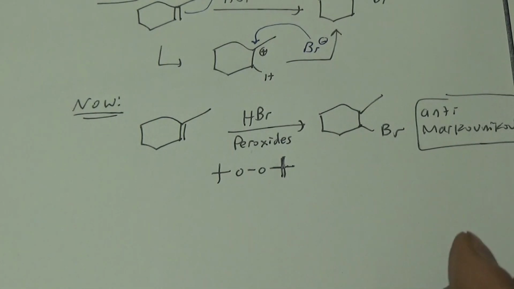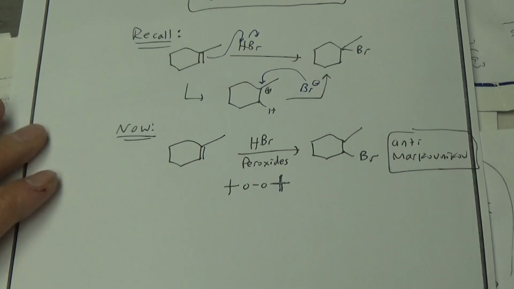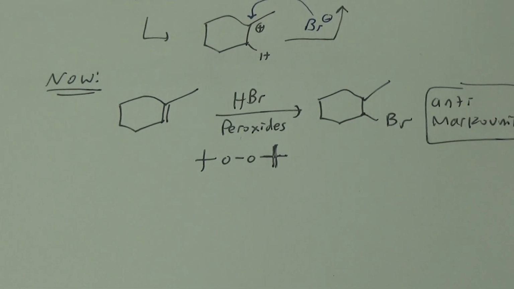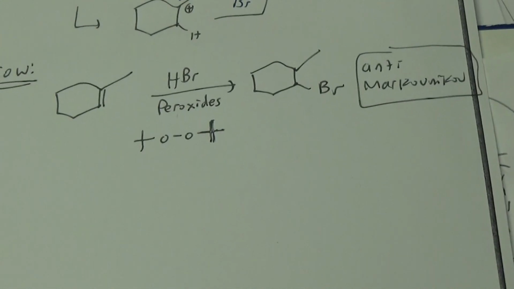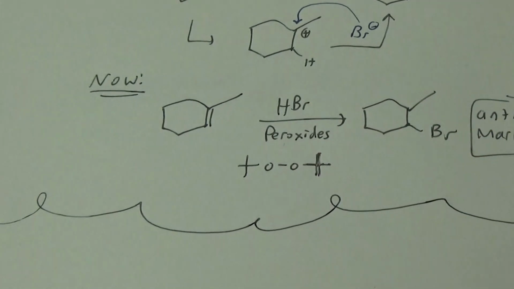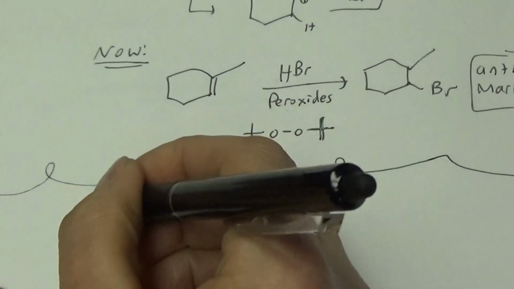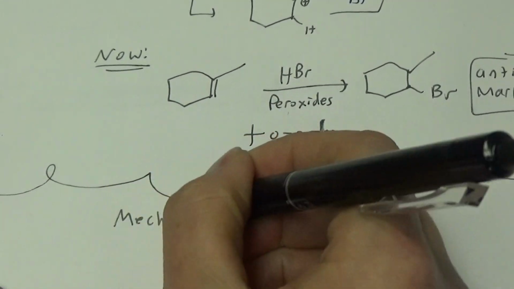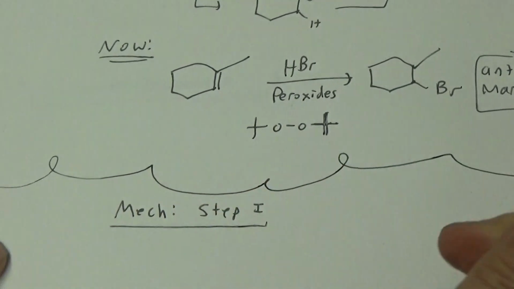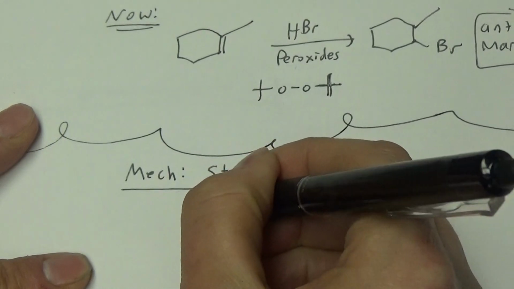So let's show that mechanism now. Okay, so what's the mechanism? It's kind of cool because this is almost related to the very first mechanism you guys learned, because it's actually a radical mechanism, but it's a little different. It's a multi-step mechanism. First step is kind of like an initiation step.